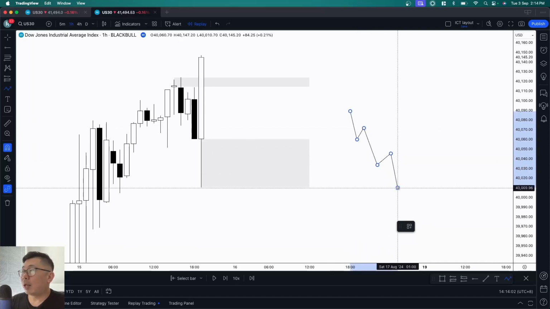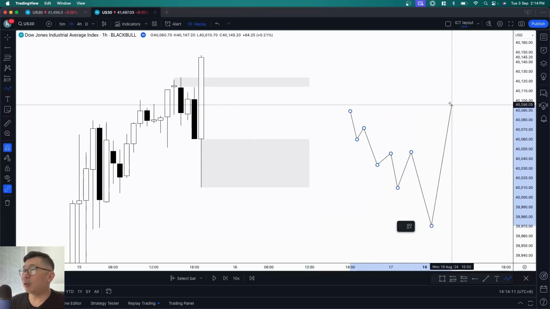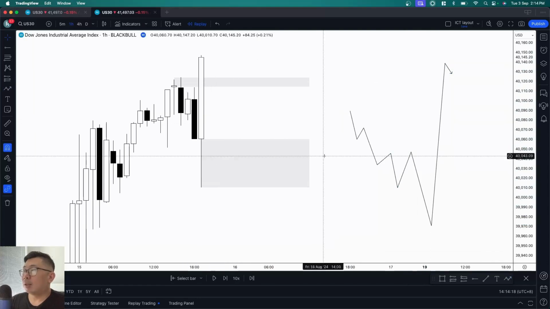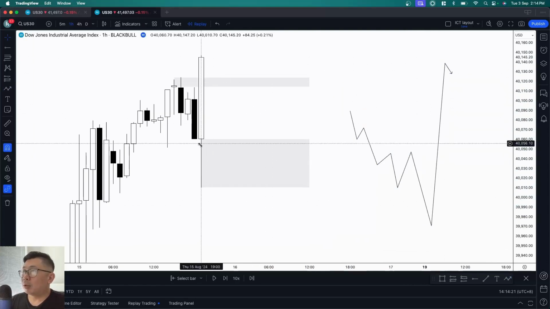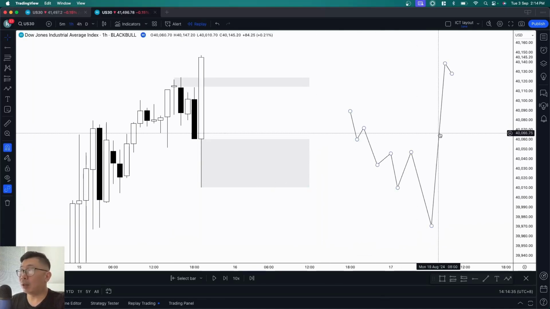Then when price hits this, price goes above it, wicks down, and quickly shoots all the way up like so. So this represents the bullish candle and this represents the bearish candle. As soon as price makes a bullish candle after a bearish candle, I already consider it a support in another time frame, obviously lower.